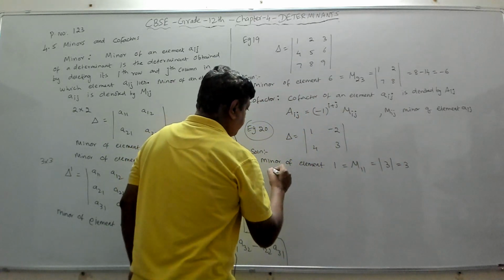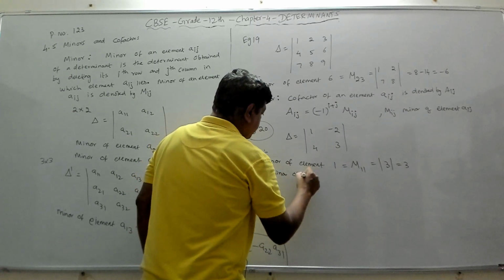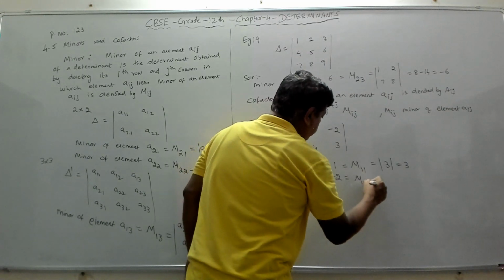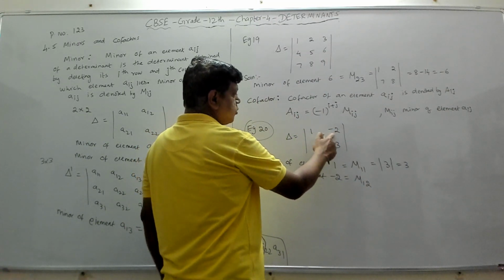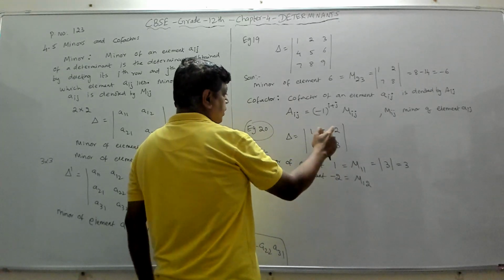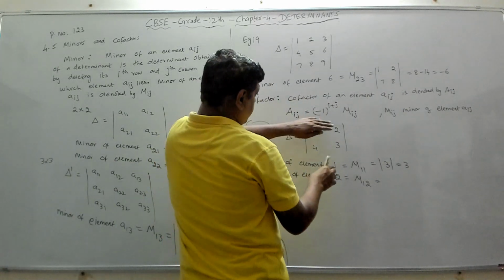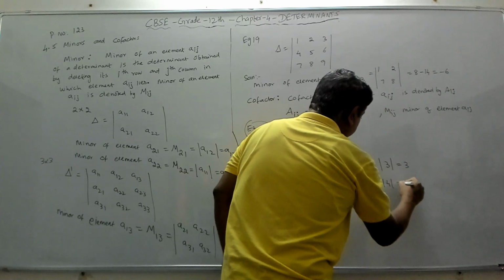Similarly, the minor of element minus 2 is denoted by M12, because minus 2 is in position A12, first row, second column. Closing that row and column, you get 4, so the determinant is 4.